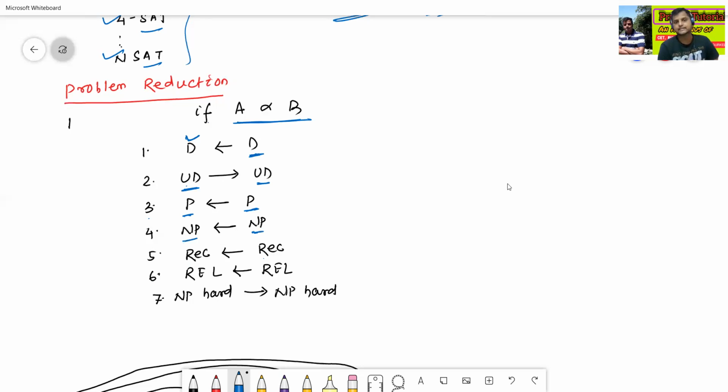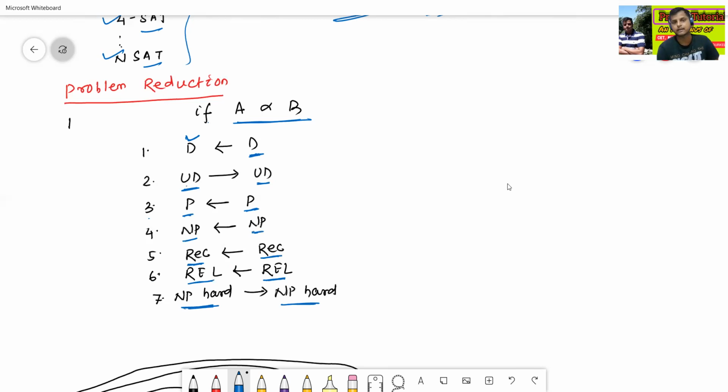If B is a recursive language, then we can say that A is a recursive language. If B is an REL language, meaning recursive enumerable language, we can say that A is an REL language. If A is NP hard, then we can say that B is NP hard.